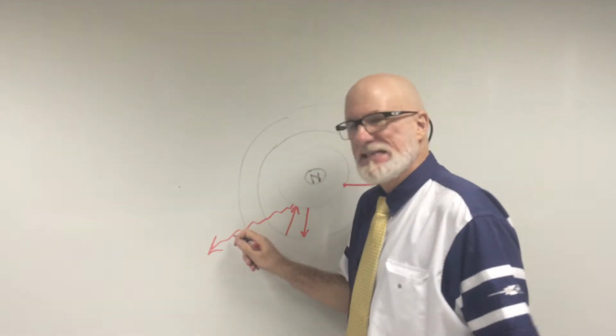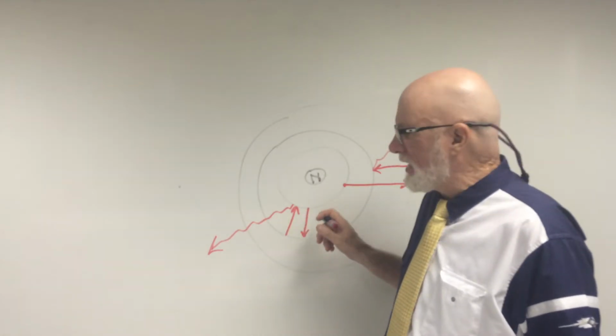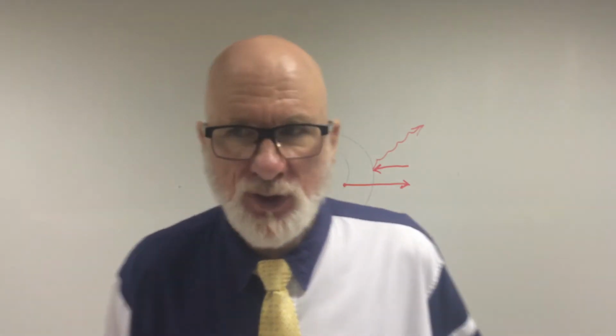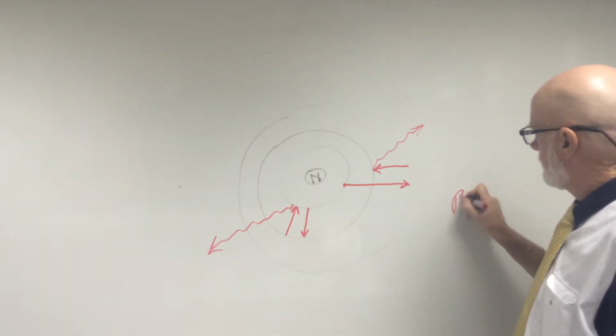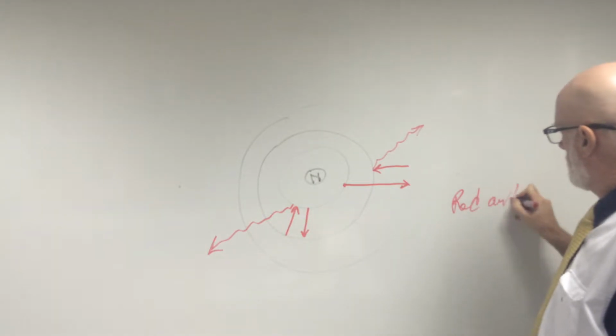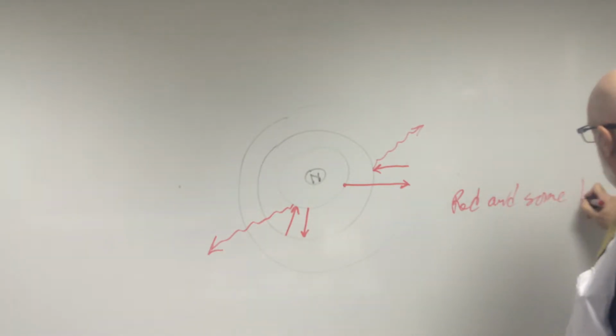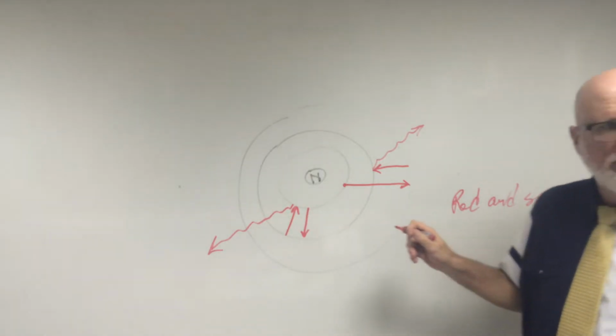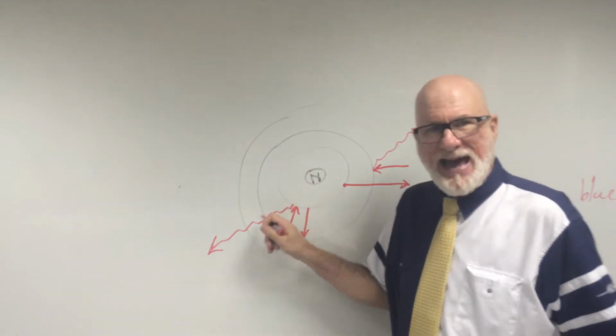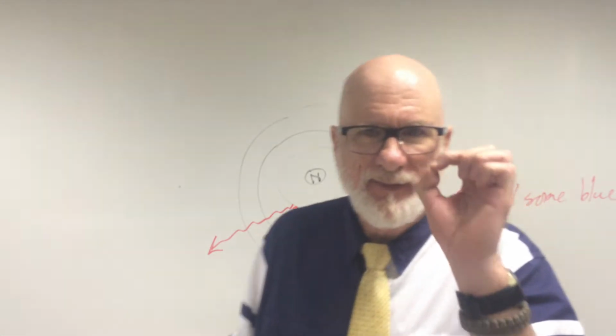That quantum is given off, and every atom will do it differently. For instance, strontium will give off red, and some blue. Okay, that's what strontium will do. So these packets are specific energies that are predictable.